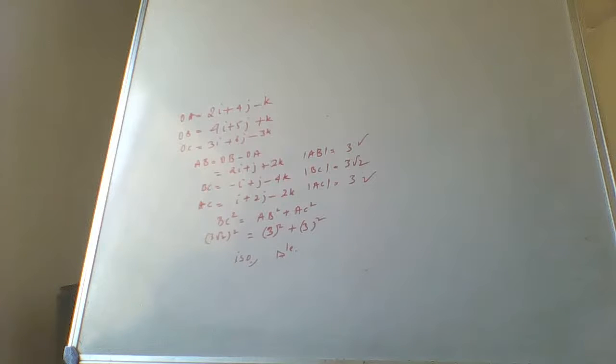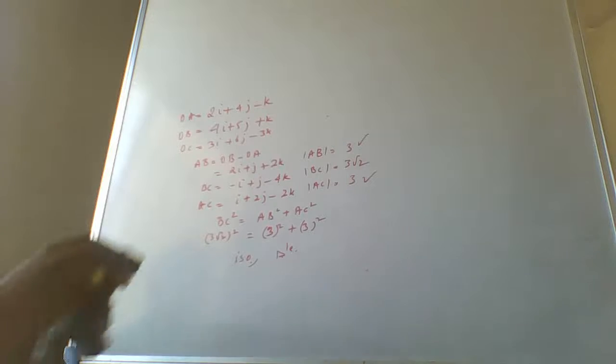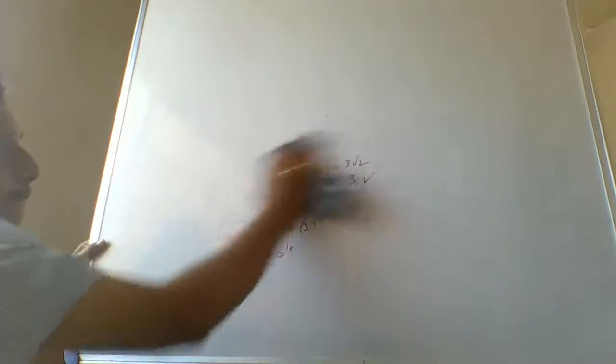Okay, let us try to solve the next problem. Suppose I have a vector A, which is a non-zero vector, and M is also a non-zero scalar.